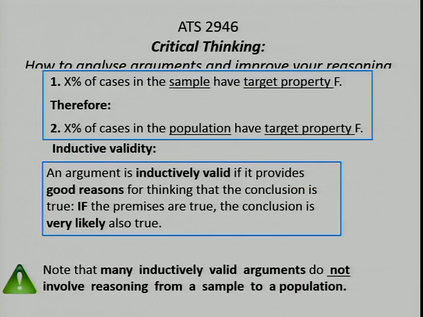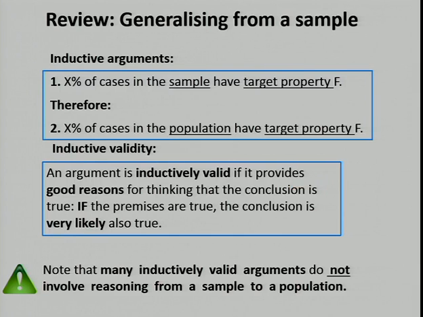Okay, so what did we do last time? Last time we looked at a new type of inductive argument, and we have been using inductive argument in a specific sense here, namely to refer to arguments that move from a sample, a subgroup, a subset of observations or people, to a claim about a larger population, a larger group.